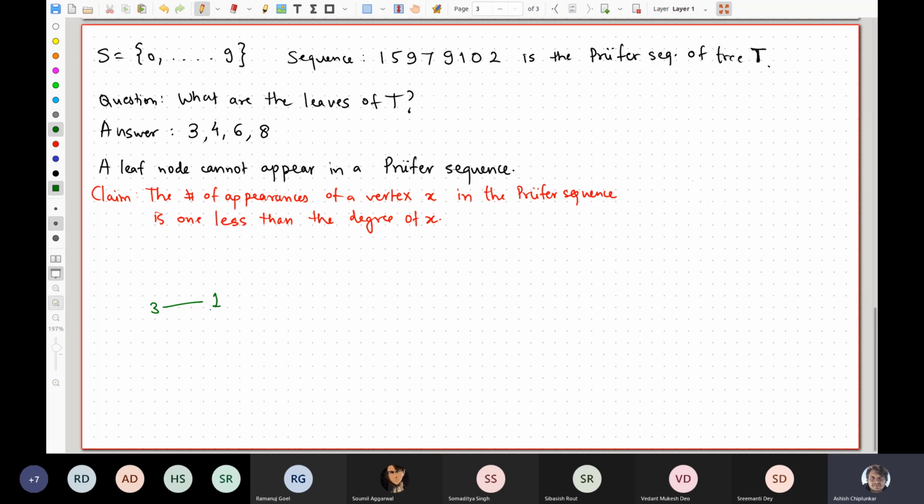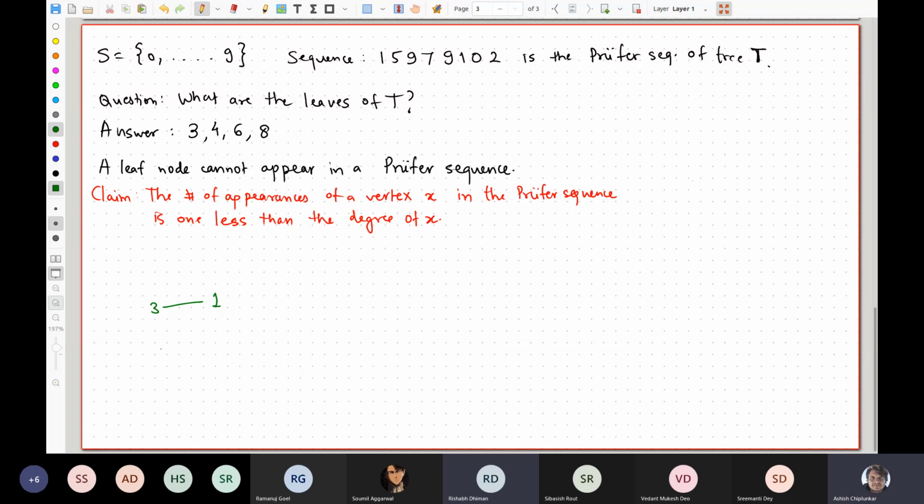Cool. So then what? How do you continue this argument? I mean, inductively, yes, what you said is right, but let's try to iteratively construct the argument. Rishabh? So after that, we look at the next smallest leaf, which is 4, and which gives you the edge 4, 5.